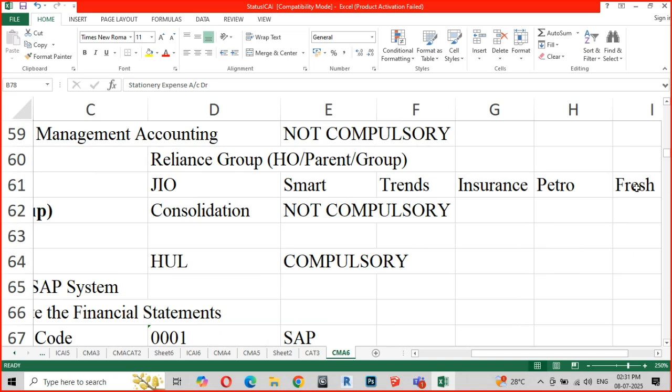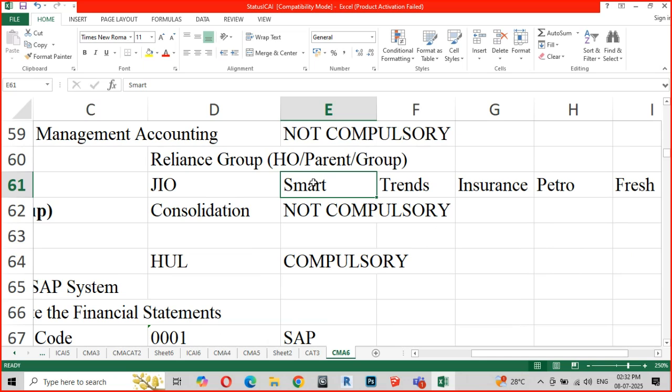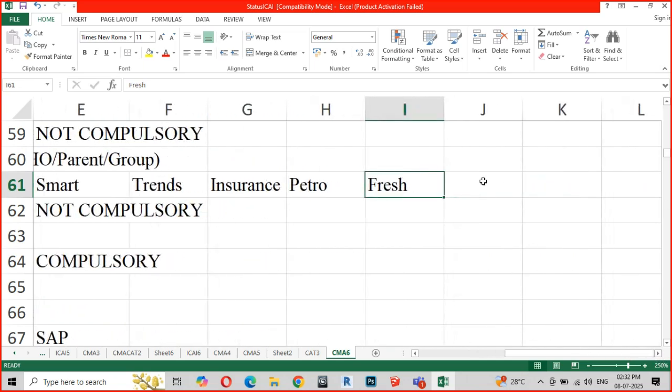So I can have one operational chart of accounts constituting the general ledger accounts to be used by all the businesses of Reliance. Did you get my point? I can have one operational COA talking to Geo, Smart, Trends, Insurance, Petro, Fresh, and some other businesses of Reliance.